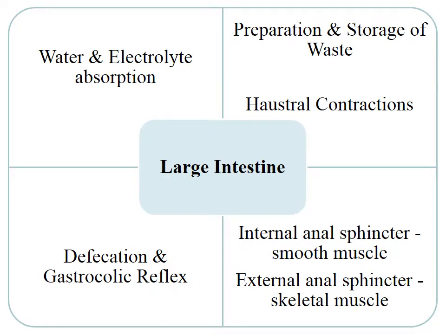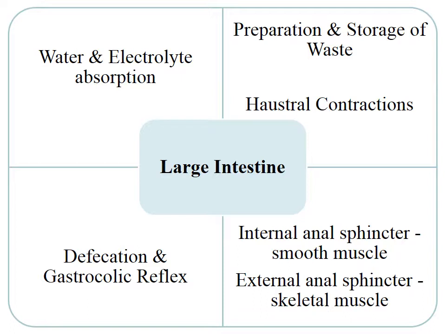We can now switch focus to the colon or large intestine. This organ is responsible for water and electrolyte absorption. It then prepares all the leftover waste, stores it, and removes it from the body. It is initially stimulated during the gastric phase by the gastrocolic reflex and eliminates the waste via the defecation reflex.